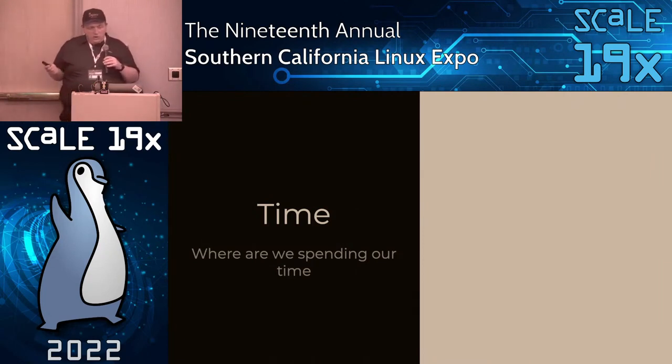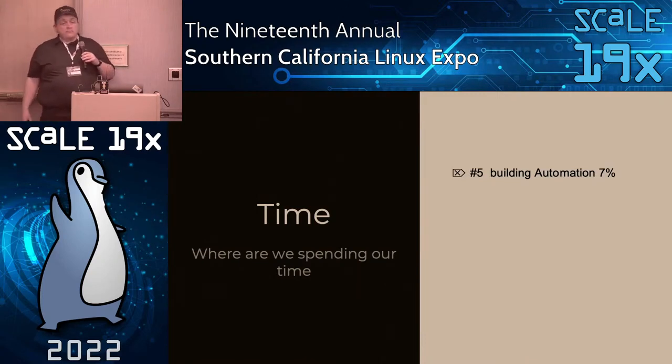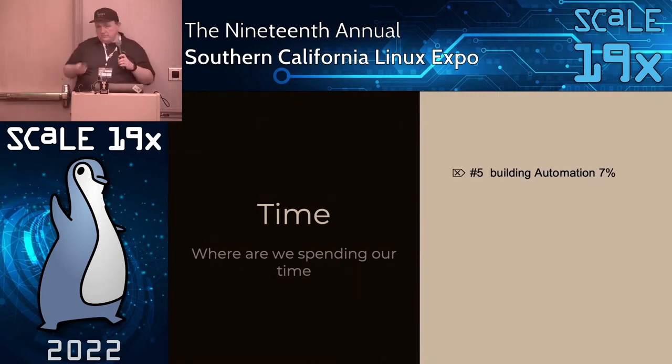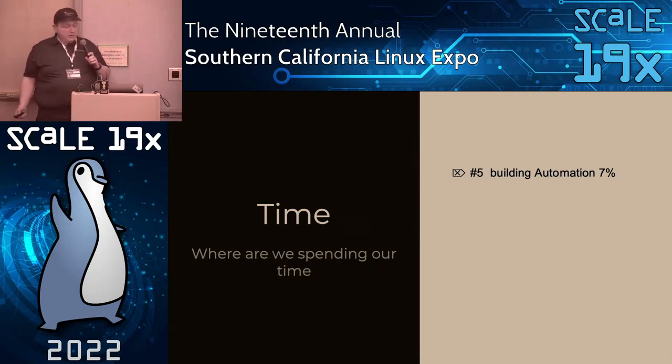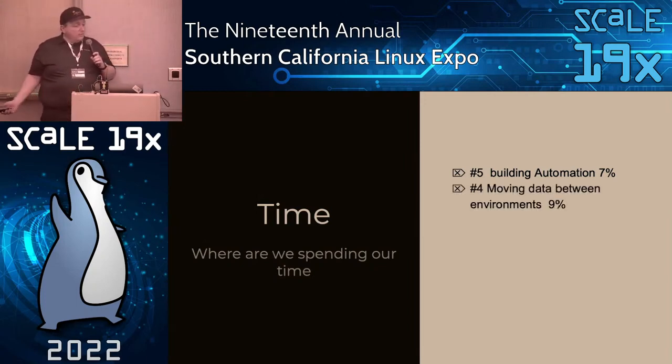Let's take a look at what the survey says, because I love surveys. So 7% of folks, maybe in this room, spend most of their time on automation. Number 4 is 9%, moving data between environments.